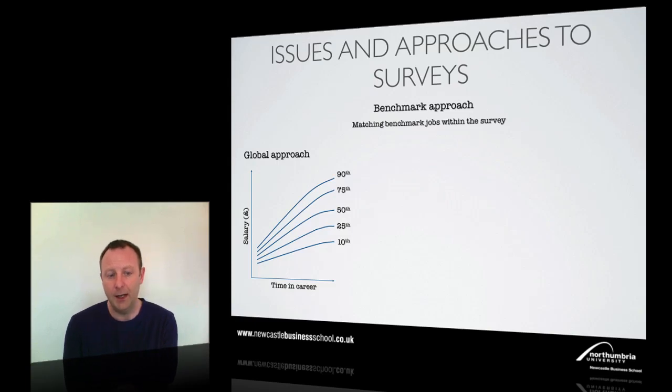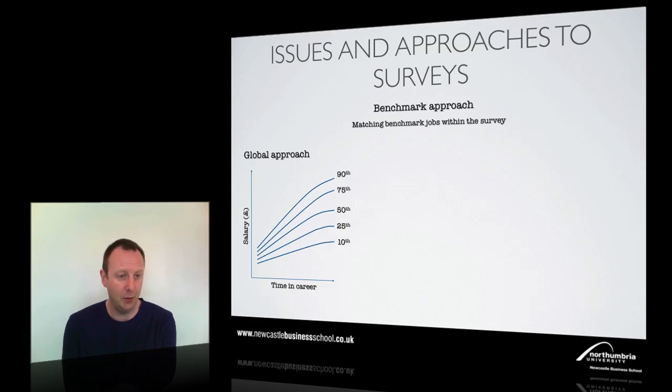That's not the key thing that you might want to know. There may be other issues. Particularly, you might be very interested in the level of experience of particular employees and how that impacts upon different rates of pay at different levels for those kinds of employees.